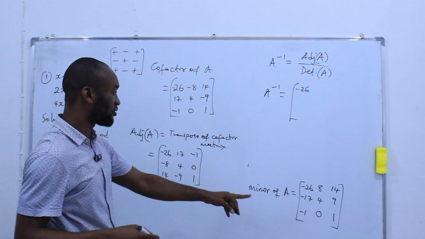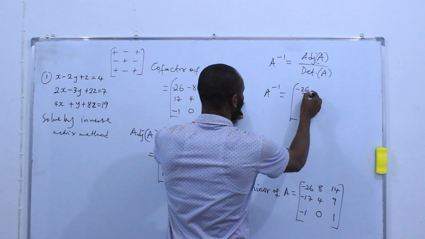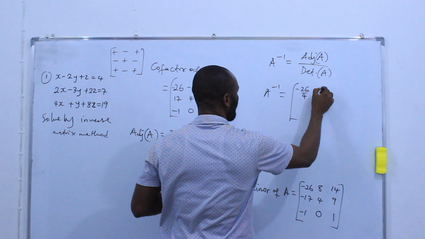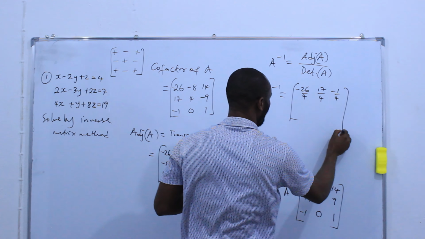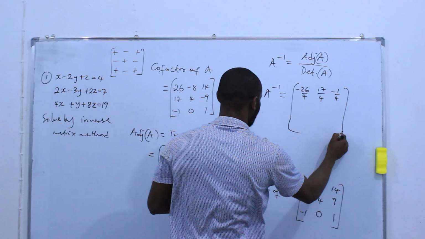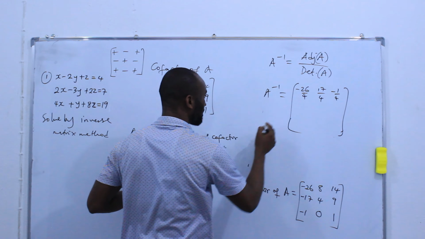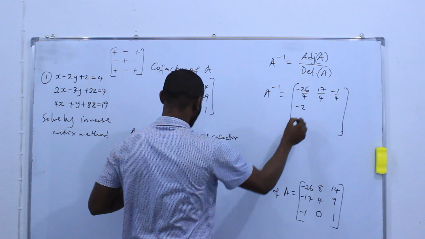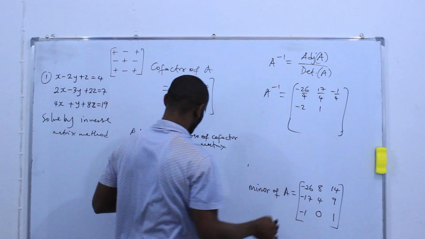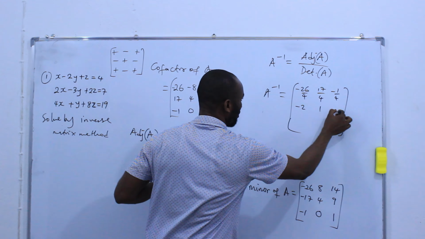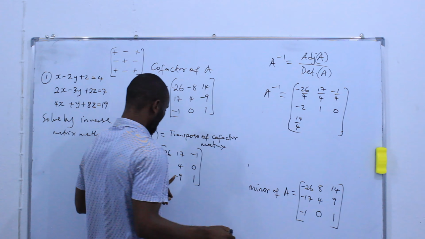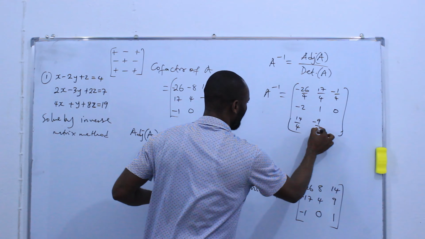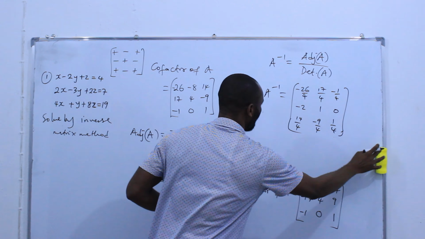Each entry will be divided by 4. 17 divided by 4. Minus 1 divided by 4. Here we have minus 8 divided by 4, which is minus 2. 4 divided by 4 is 1. 0 divided by 4 is 0. 14 divided by 4. Minus 9 divided by 4. And 1 divided by 4.